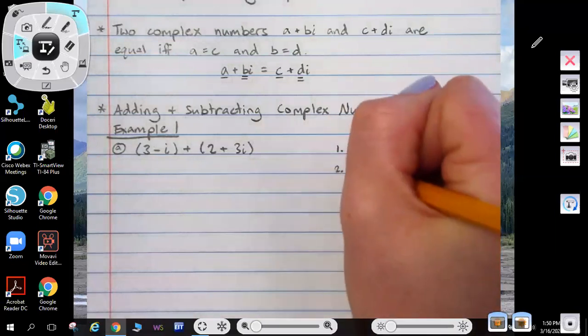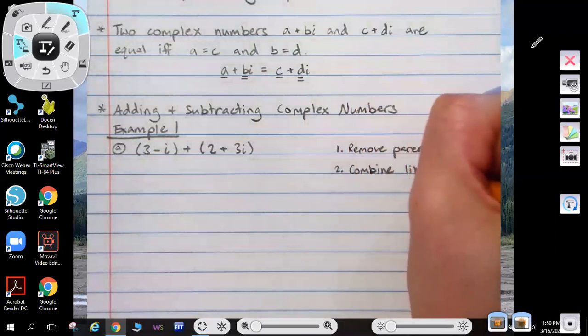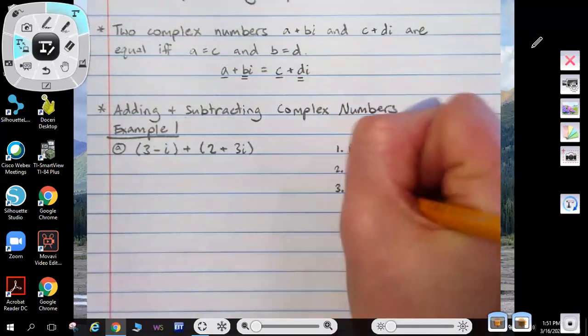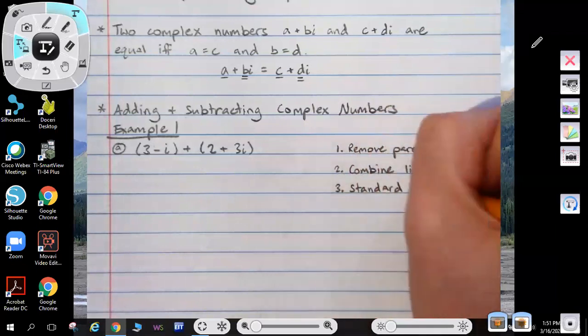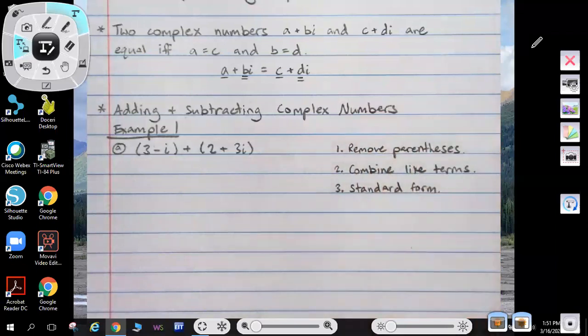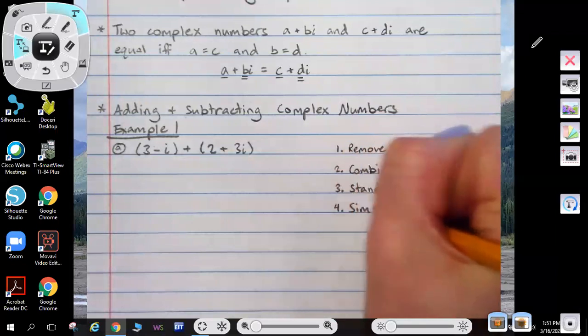Step 2 will be combine like terms. Step 3, I'll just write standard form. We want to write our numbers in standard form, so real part first, then imaginary. And then step 4, if we can, simplify.